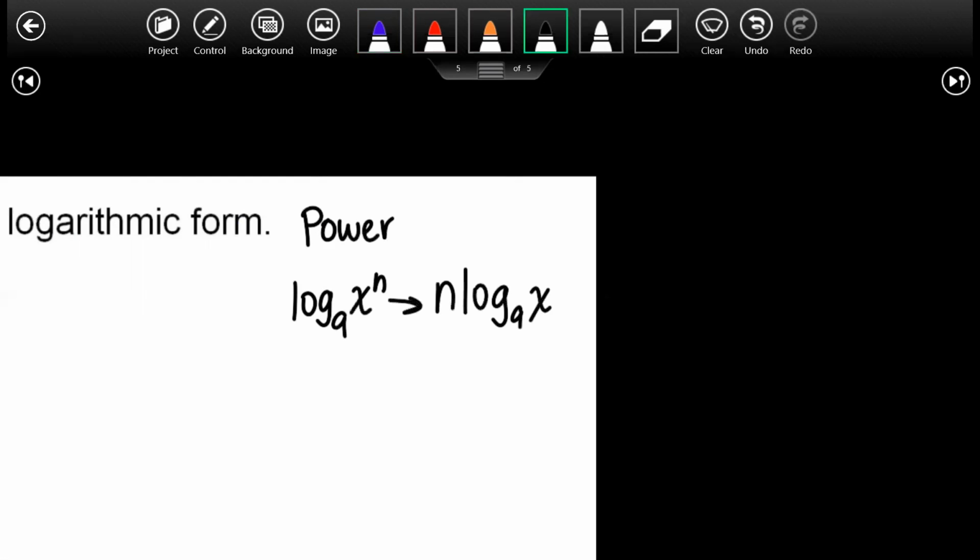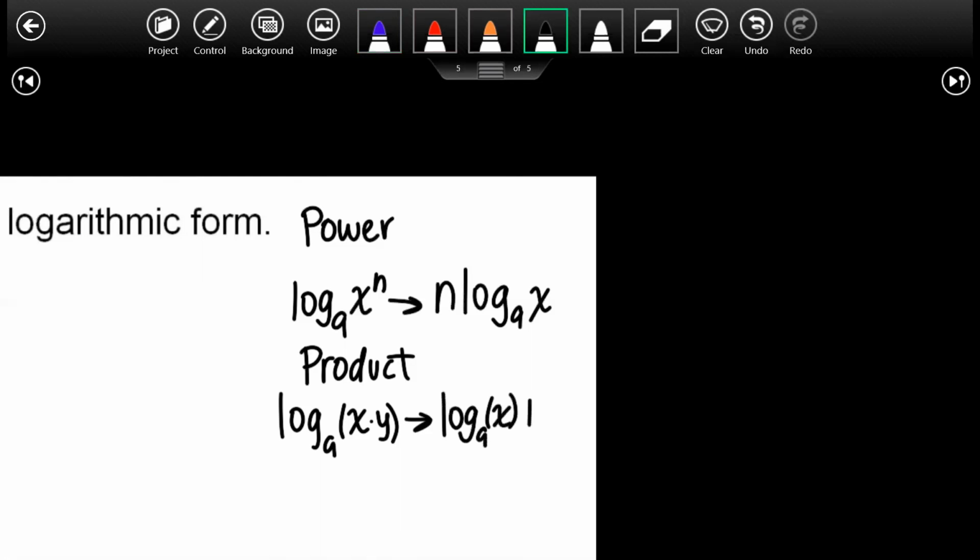You can go backwards if you're trying to condense. The product: log base A of x and y can be split up into log base A of x plus log base A of y.